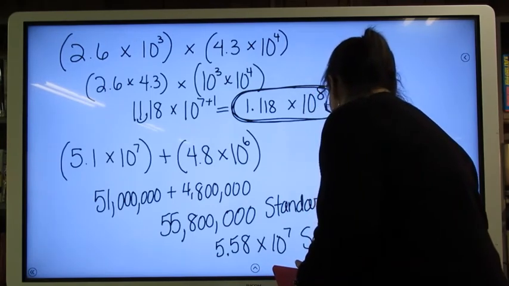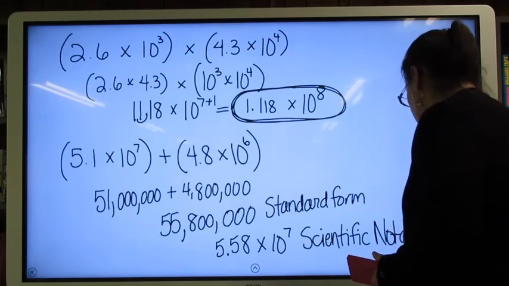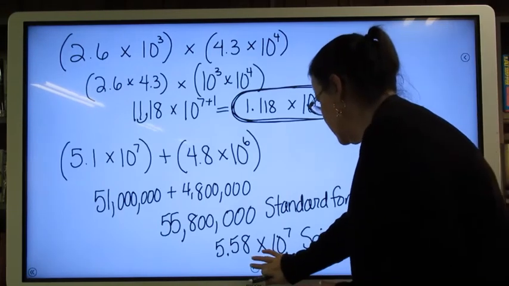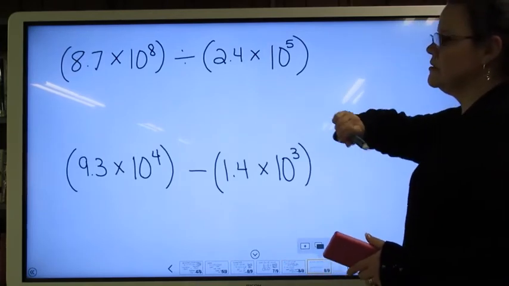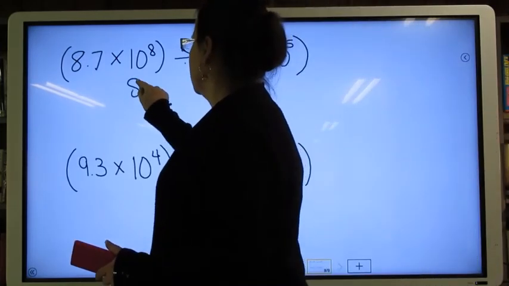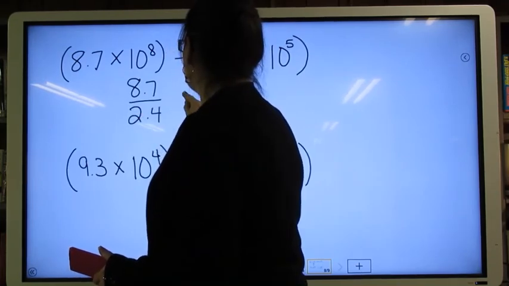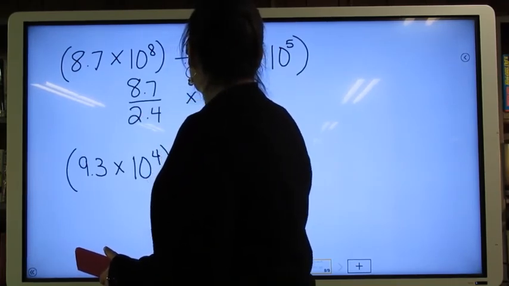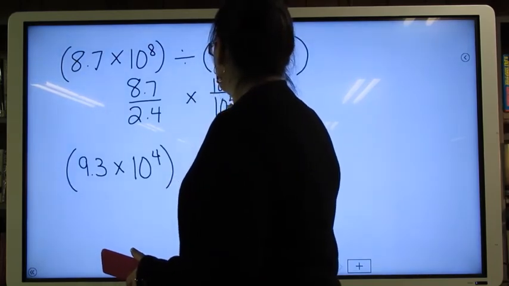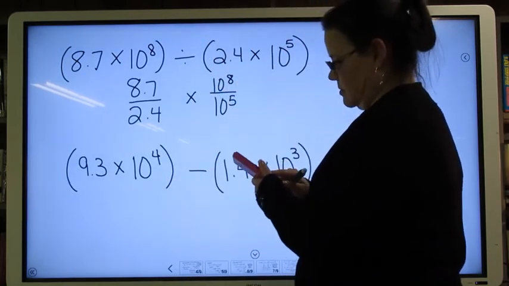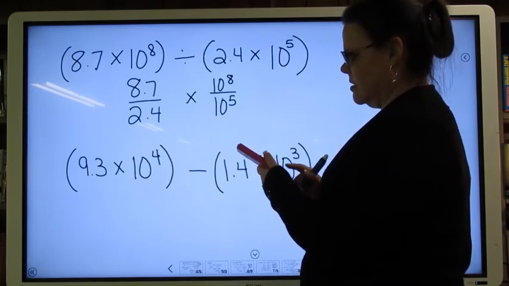And then 2 more problems, and then we are done with the scientific notation lesson. And this one you're going to divide, so you're going to do 8 and 7/10 divided by 2.4, and then 10 to the 8th over 10 to the 5th, and then I would do 8.7 divided by 2.4.